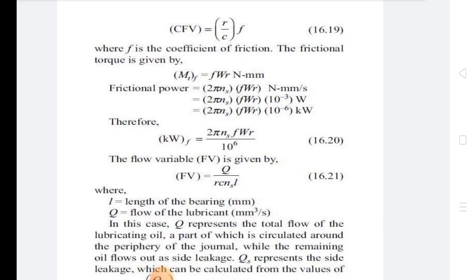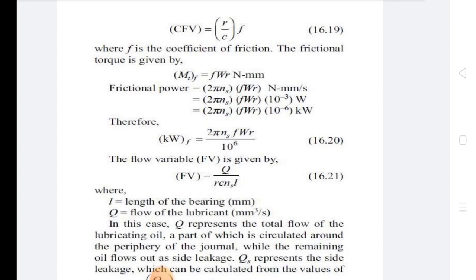Frictional power is 2 pi ns f W r in Newton mm per second. Therefore, kWf is equal to 2 pi ns f W r upon 10 raised to 6, where l is equal to length of the bearing in mm, Q is equal to flow of the lubricant in mm cube per second.